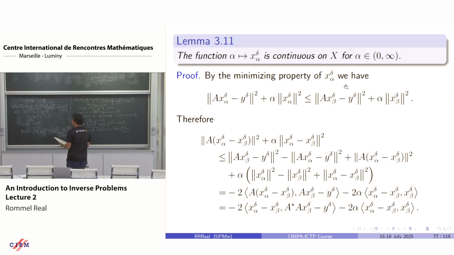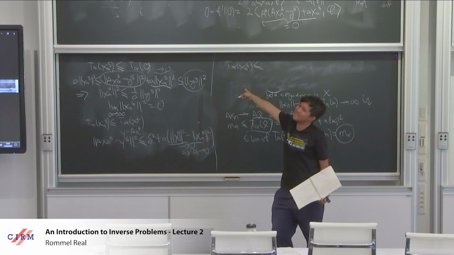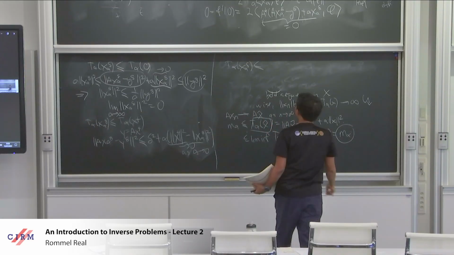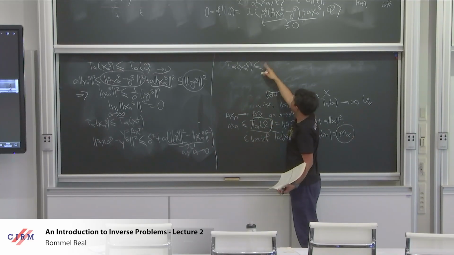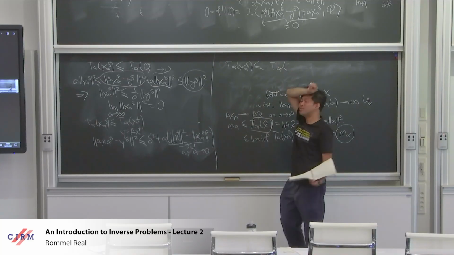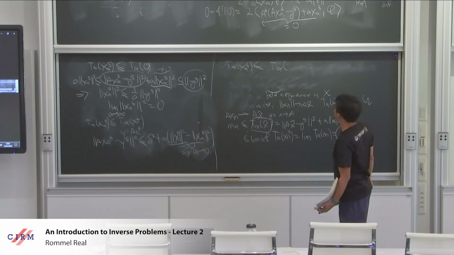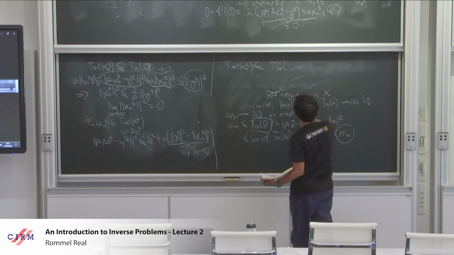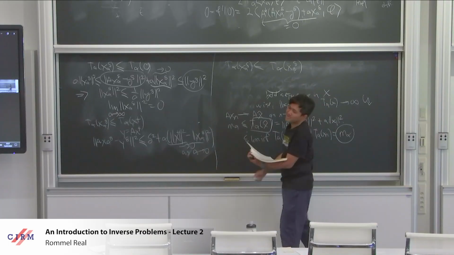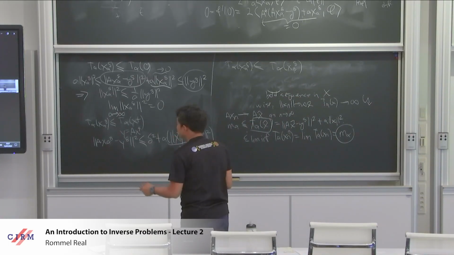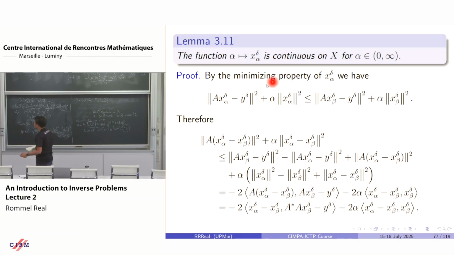In fact, there you will see that we use the observation that T sub alpha at x sub alpha delta, because it's the regularized solution at given alpha, must be less than or equal to the value of T sub alpha at any other point. In that case, we use an obvious choice, which is x sub beta. Okay, that's why if you look at this one, you have alpha here, but you have also alpha here.